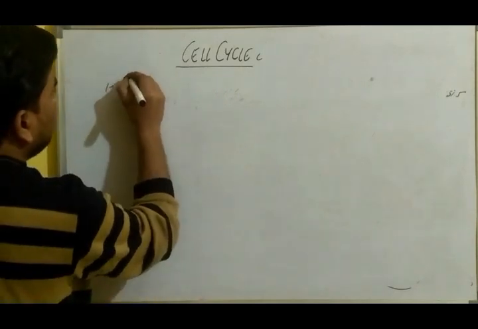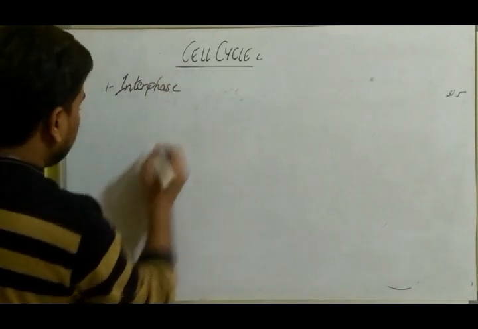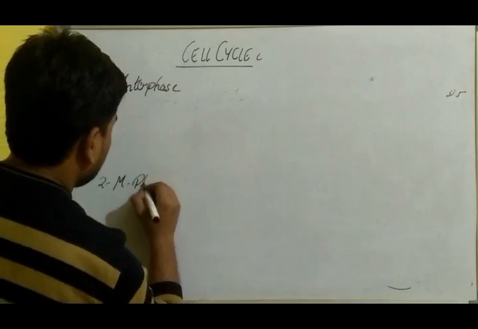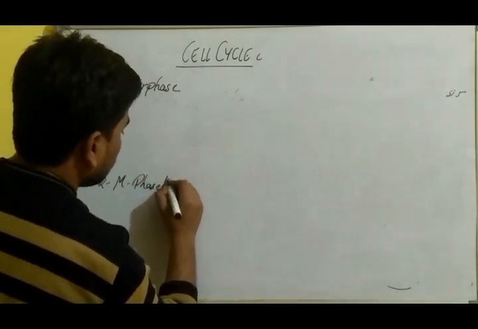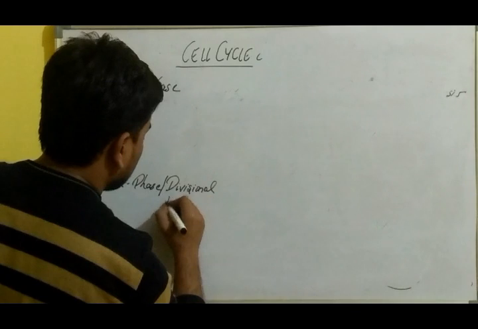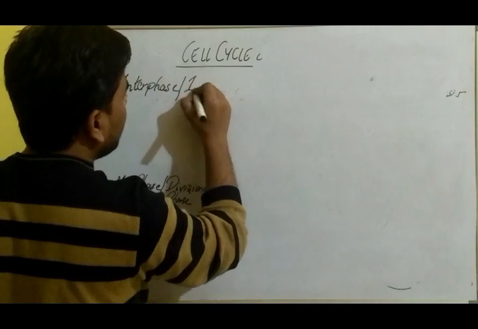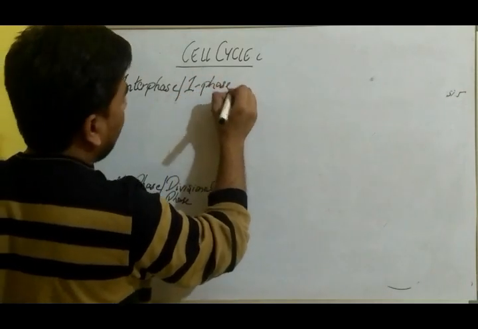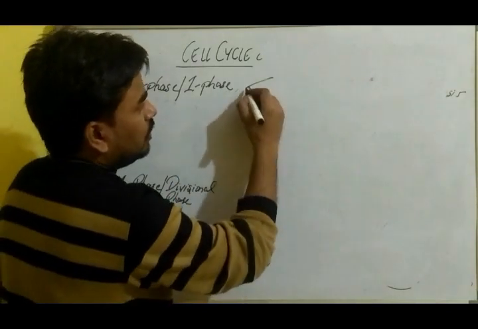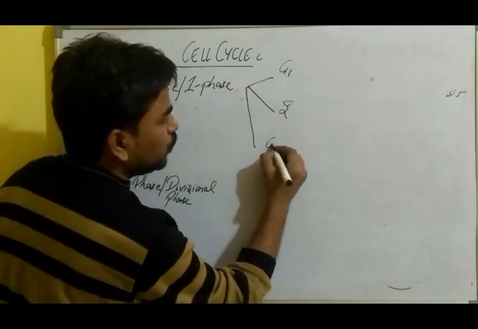The first one is interphase, and the other one is M phase, also called the divisional phase. Interphase is also called I phase. In the interphase, there are further three phases: G1 phase, S phase, and G2 phase.